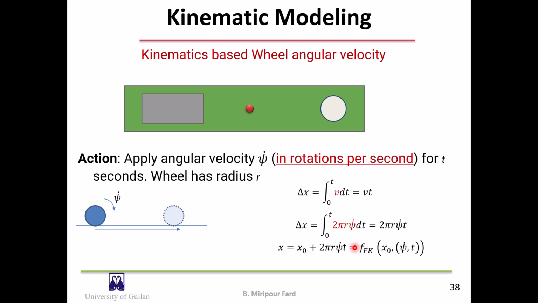Note that psi dot, in this case, is given in rotations per second, not in radians per second. So we just replace V with 2 pi r psi dot in this relation to obtain the kinematic model.